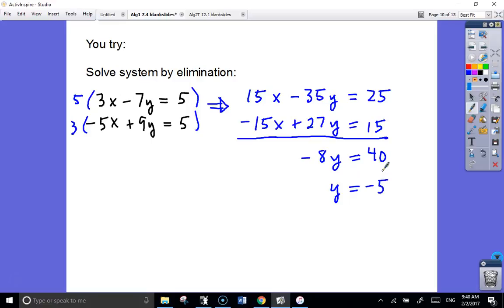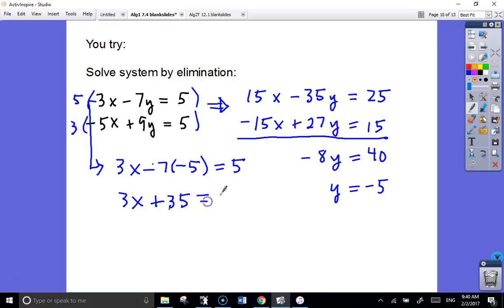Okay, now we'll solve for the other variable. Subtract 35, divide by 3.